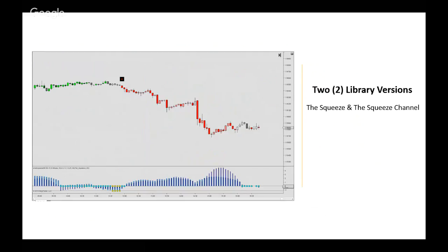And then we have the histogram bars here. The light blue bars signal the volatility that you're currently seeing in the market, and then the dark blue bars here, they indicate the trend strength.